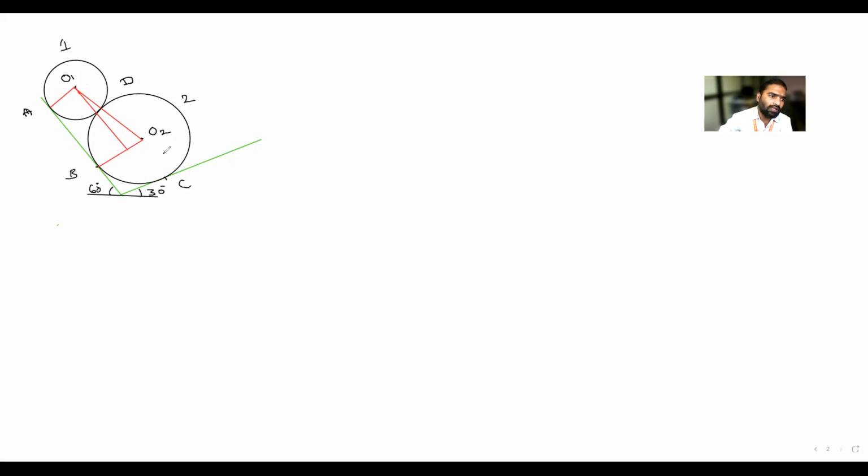A, B. I will take this point as M. M and O1, it is a rectangle. So this is alpha I have taken. Is it correct? I have to find the value of alpha. To find alpha, you should know O1O2 and O2M.